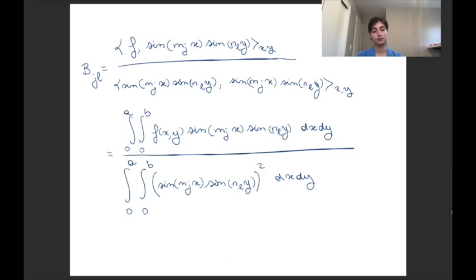And if you want to write it all out, it is really this integral from 0 to a and from 0 to b with respect to x and y of f of x, y, the sine with respect to x, the sine with respect to y, divided by the same integral from 0 to a and 0 to b of sin(m_j x) times sin(n_l y), all of this squared, with respect to x and y. Might be complicated to compute, but it's just the application of the Sturm-Liouville problem over and over again.